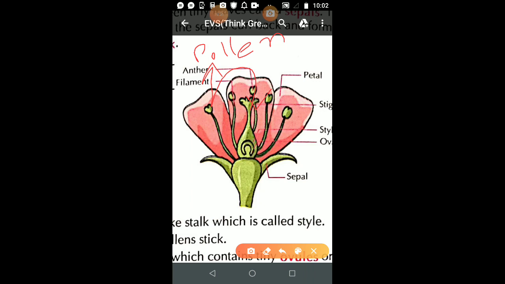And if a plant has 4 or 5 flowers and pollen is transferred from the anther of one flower to the stigma of another flower, but the common thing is that both the flowers are on the same plant, it means they are flowers of the same plant, that is also known as self pollination. I think all of you are able to understand what self pollination in flower is.